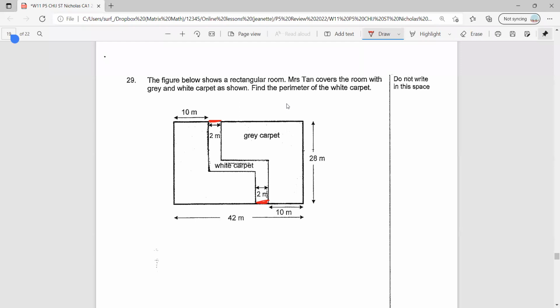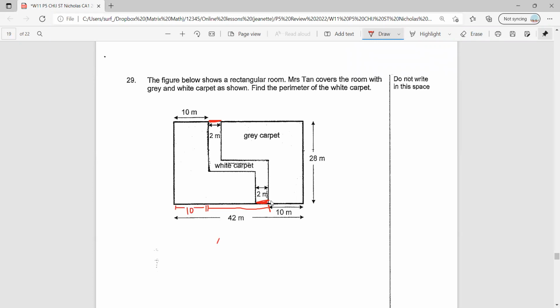Okay, then instead of finding what is this, let's find out what is like this to this here. So this is 10 from the top.